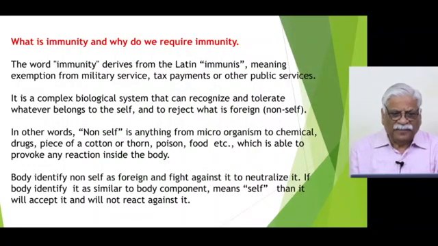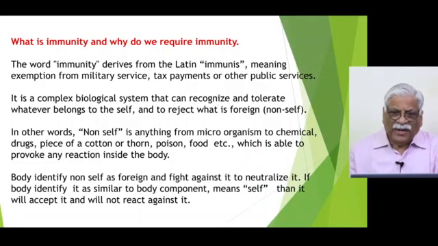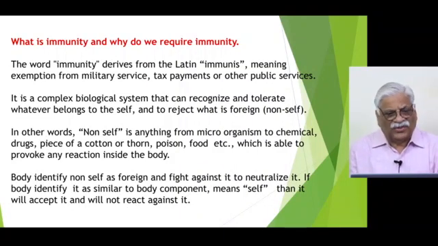In our entire body, we have a large number of different types of cells. Each cell is made up of different kinds of proteins, carbohydrates, lipids, enzymes, hormones, and other things. If anything enters the body, and the body cells consider it as coming from outside, and its structure is not related to any protein, carbohydrate, or lipid present in our body, then the body recognizes it as foreign, and therefore it is labeled as non-self.